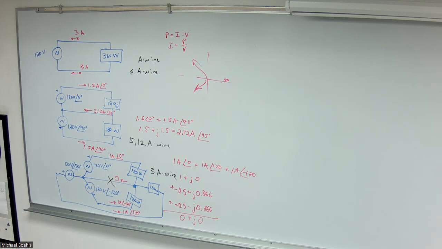Oh, there it is. If you really want to know more about this, chapter 24 is entitled Polyphase Systems. This is about as far into it as I'm going to go. Look at chapter 24.